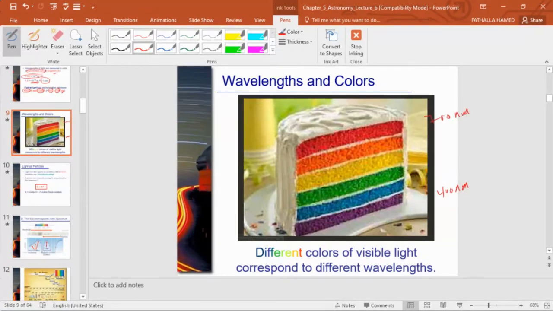By the way, you have shades of every color, and these shades basically differ in the wavelength as well. So you may have different shades of blue or different shades of orange. These will differ in the wavelength, and that's how we look at light as a wave traveling with a very high speed. So that's one thing known about light.